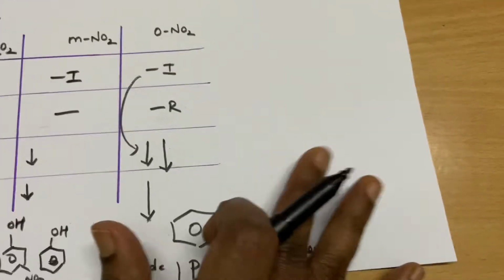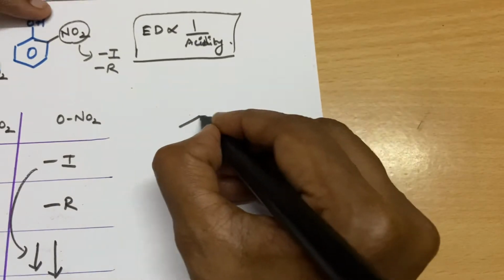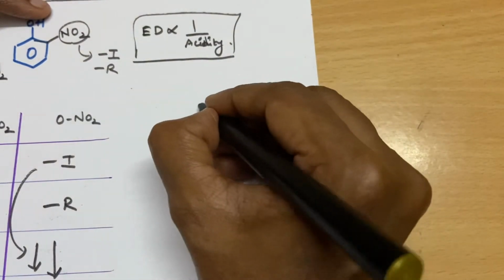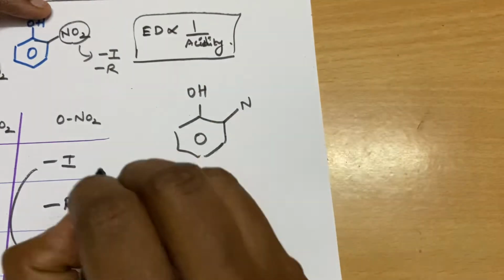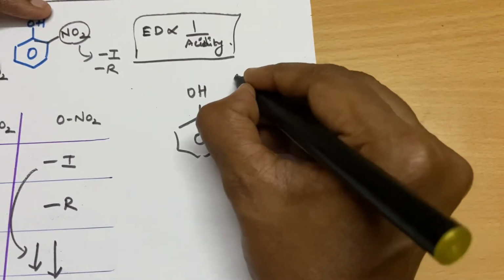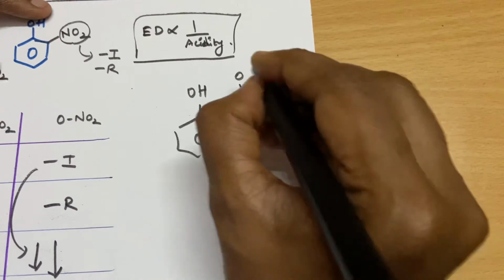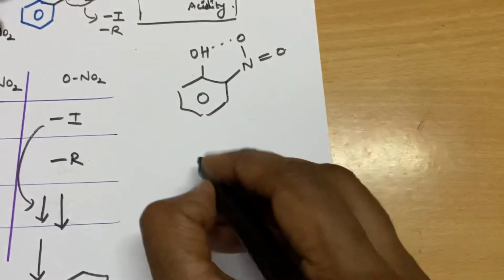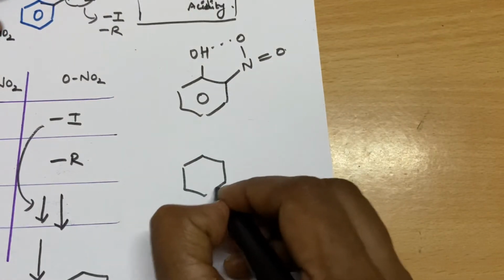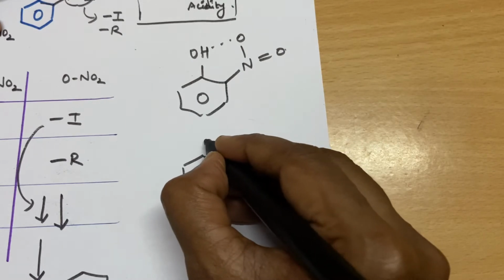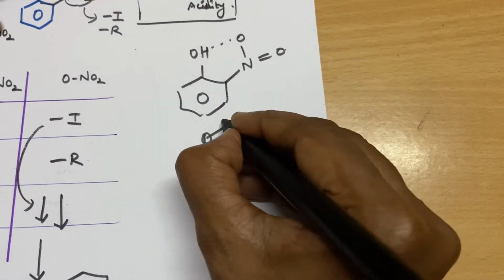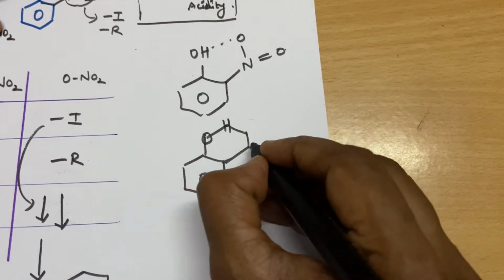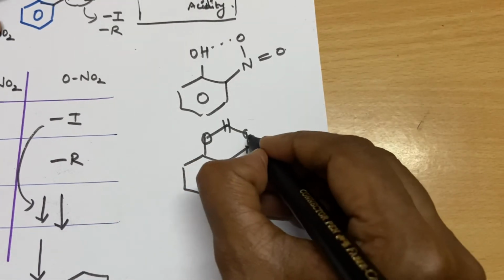Why is this so? Because in ortho there is an intramolecular hydrogen bonding. If I write it very neatly, you can see a 6-membered ring. Here is oxygen, and this is your hydrogen, and this is your nitrogen, and this is your oxygen, with a dotted line.